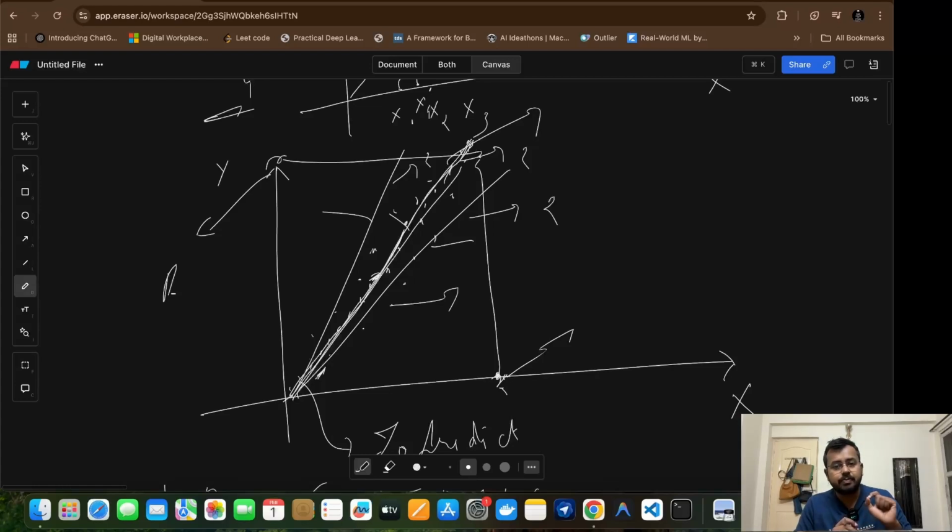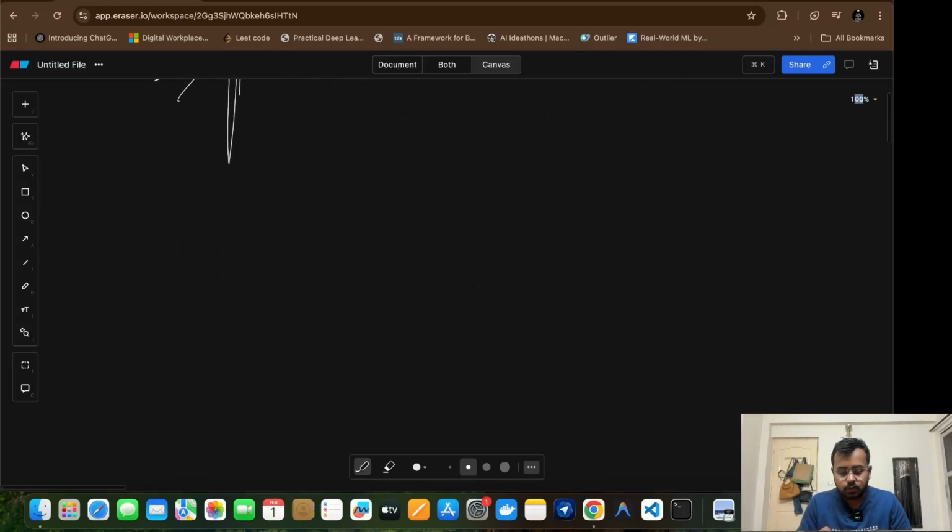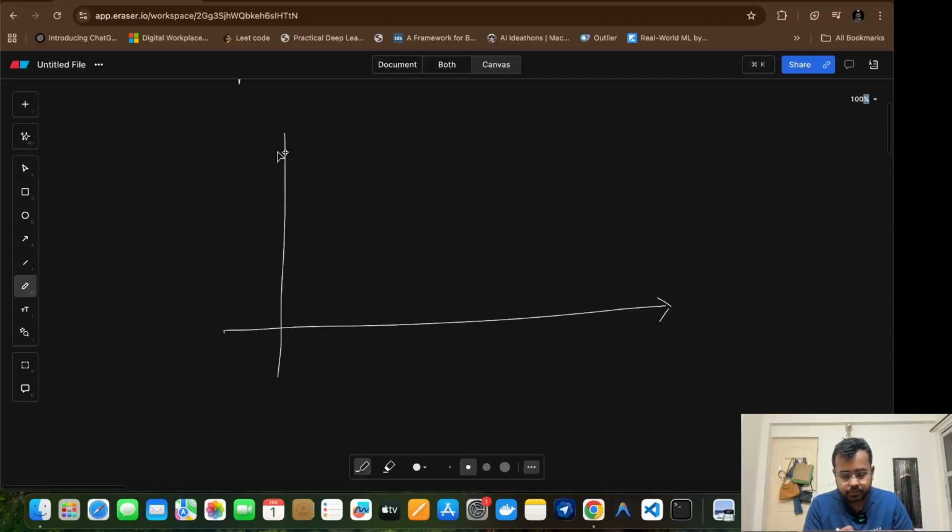Now what does this best fit mean? Let's say our data is this one. We have just three points, and we have to fit a line through these data points.